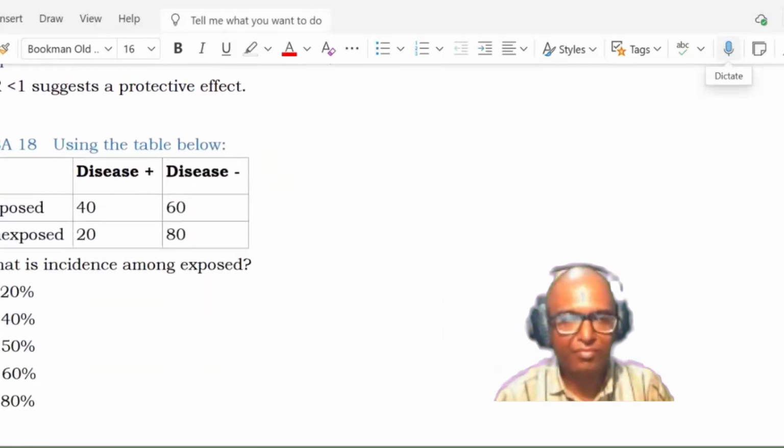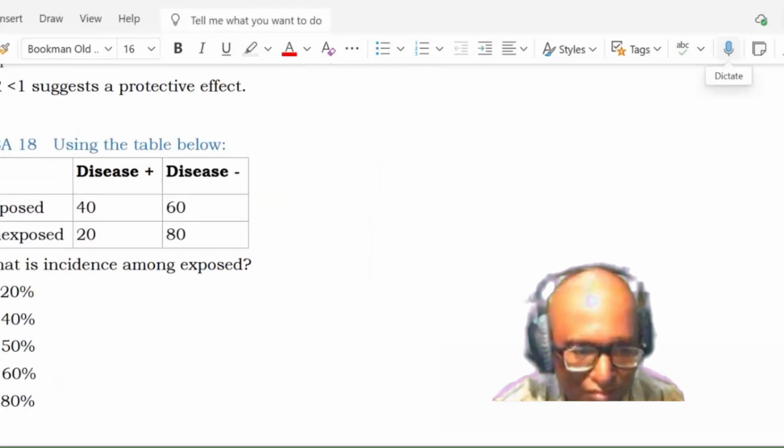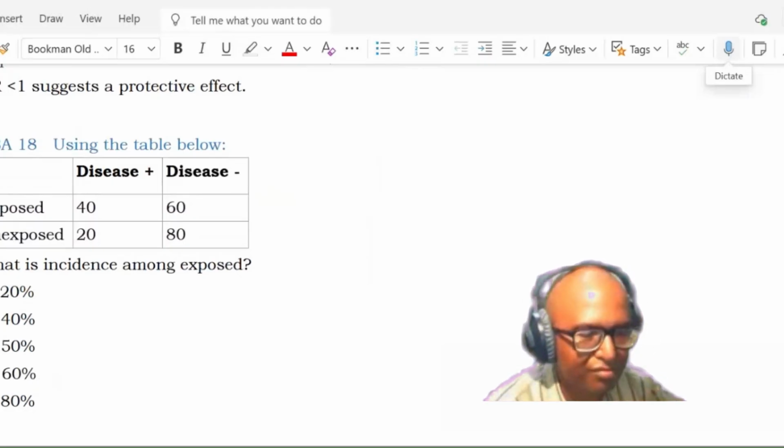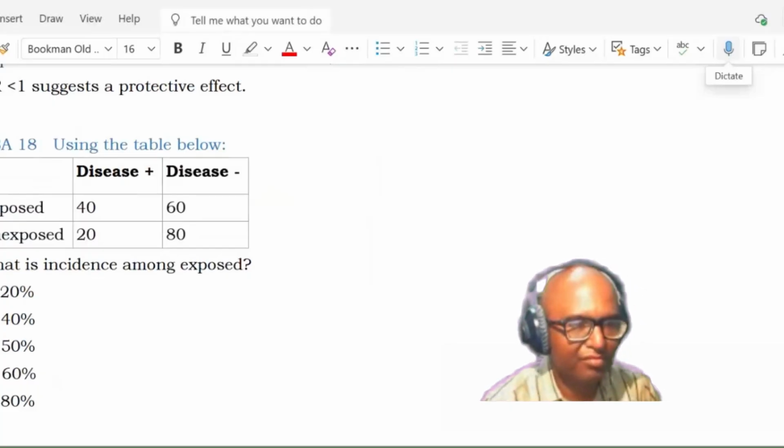Next. Using the table, exposed with disease is 40, exposed without disease is 60, unexposed with disease is 20, unexposed without disease is 40. What is the incidence among the exposed? Incidence formula: new cases upon population at risk.